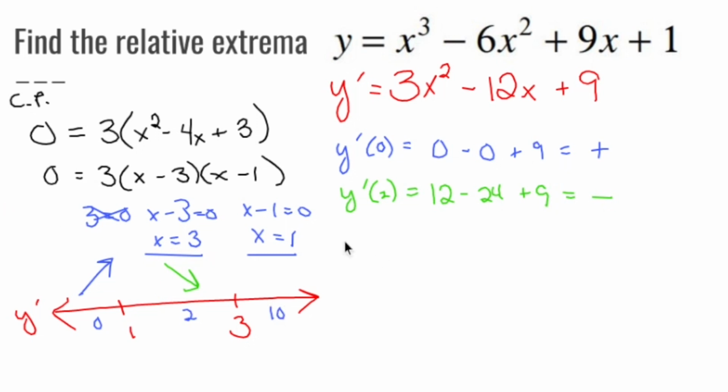If I plug in 10, I chose 10 because it's large enough where I should obviously be able to tell if it's positive or negative. 3 times 10 squared is 3 times 100, so 300, like that movie, minus 12 times 10, which is 120, so minus 120, plus 9 is definitely going to be positive.